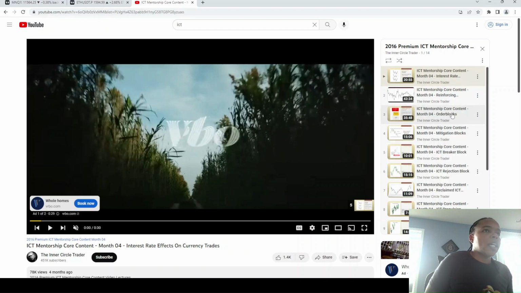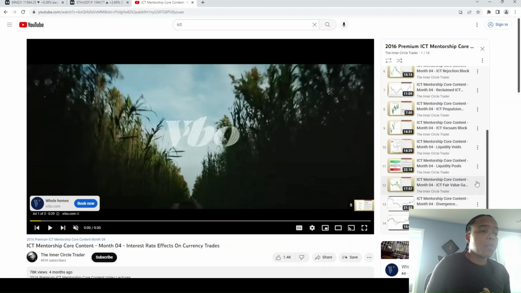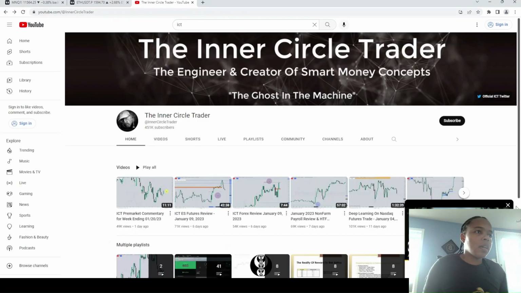I just got order blocks, mitigation blocks, breaker blocks and rejection blocks done this morning. I need to get through all of this other stuff: reclaimed this, ICT propulsion, vacuum block, liquidity voids. I'm looking forward to that one, liquidity pools, etc. I'm excited for this particular section. Lots of good stuff in here.